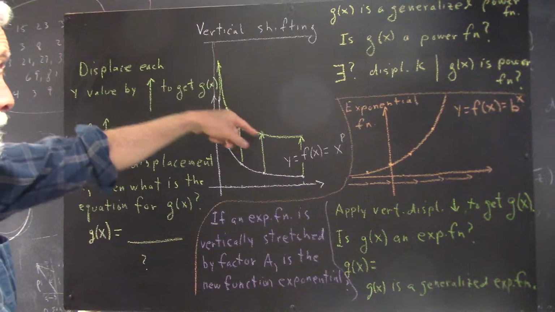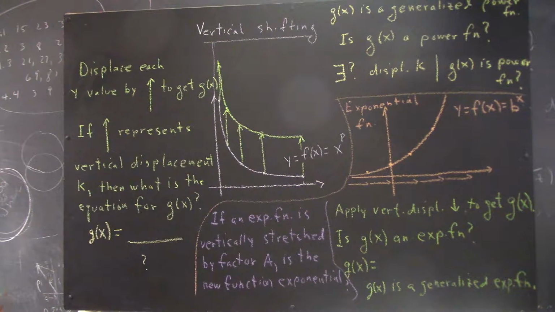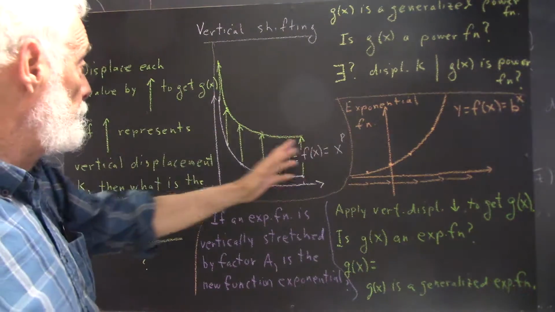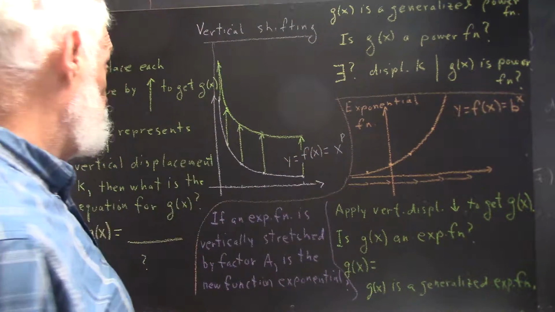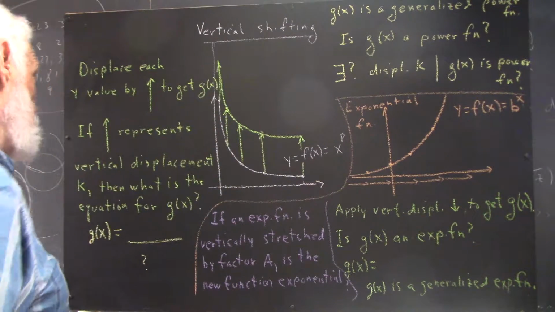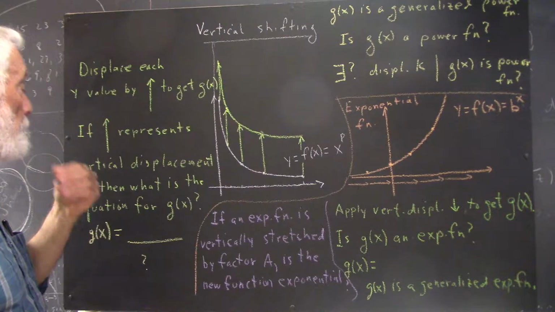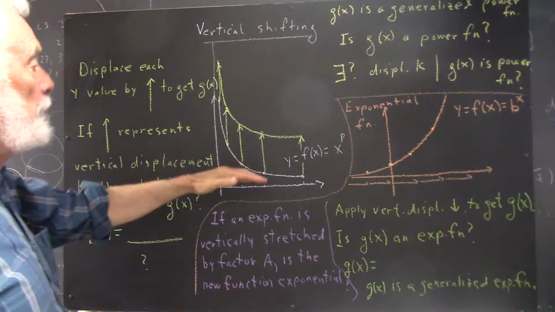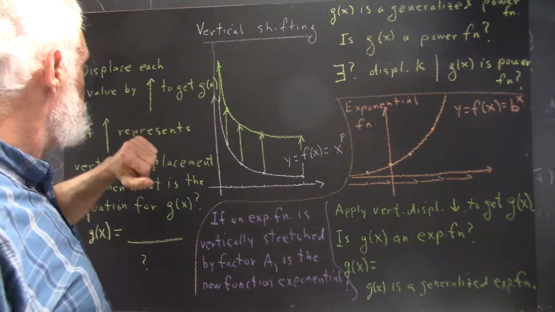So we pose the question, what's the equation for the g of x function? Because this green function is going to be our g of x function if the vertical displacement is represented by the letter k. We don't have a scale on this graph, and I don't want to put a scale on this graph at this point. We want to do this purely geometrically. We don't want to have to worry about a bunch of numbers. All I'm saying is that we move each point some distance higher.